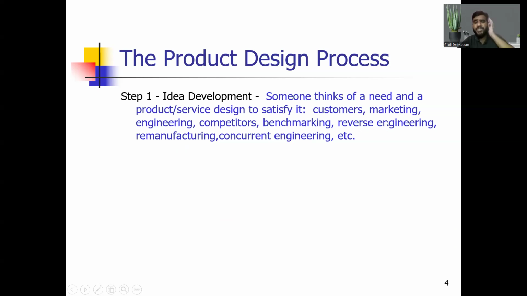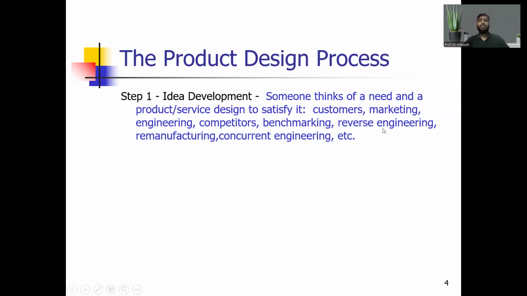Reverse engineering means you buy an existing product from the market and then you open it up. You learn what the components are by opening or breaking down a product. It is known as reverse engineering.